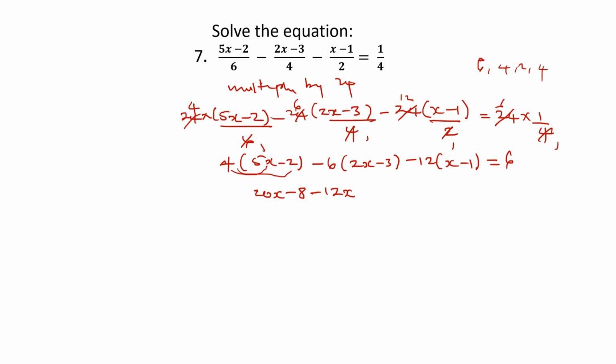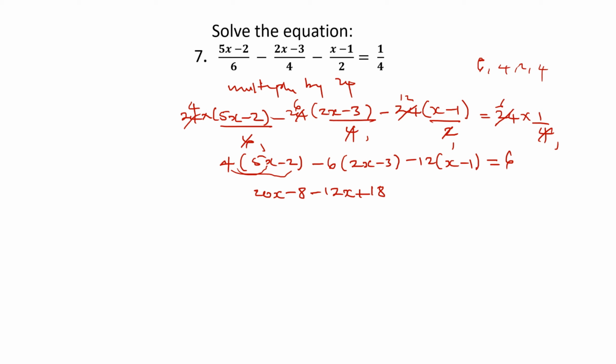Remember here we are multiplying. Minus 6 multiplied by minus 3 becomes positive. Minus times minus is plus. 6 times 3 is 18.